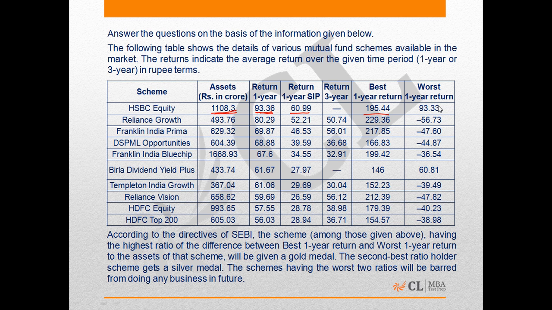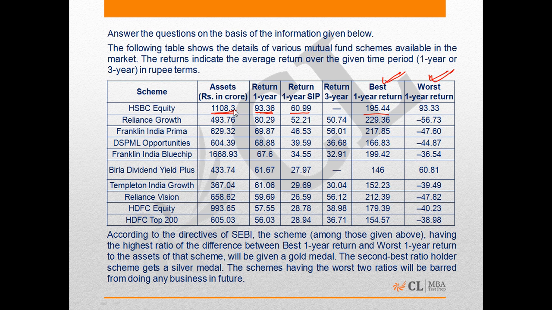Further it is given that according to the directives of SEBI, the scheme among those given above having the highest ratio of the difference between best 1 year, which means this column, and worst 1 year, the column adjacent to it, to the assets of that scheme will be given a gold medal.